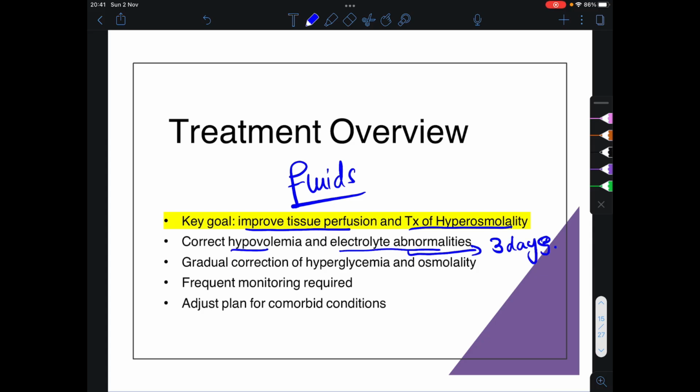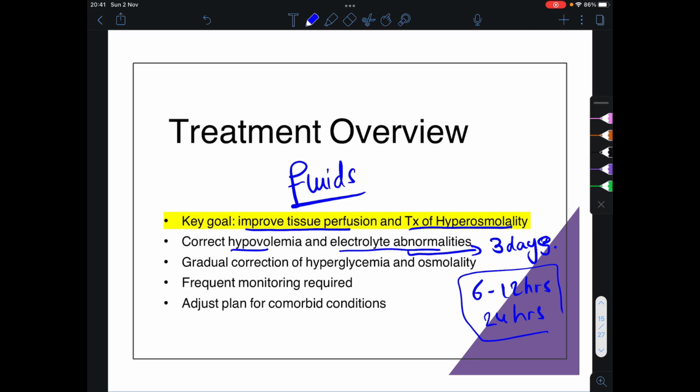But as a junior doctor or in the emergency department, for the first 6 to 12 hours or 24 hours, your main focus is to give them fluids, and whatever deficit has happened to the patient, you want to give them those fluids and correct it.